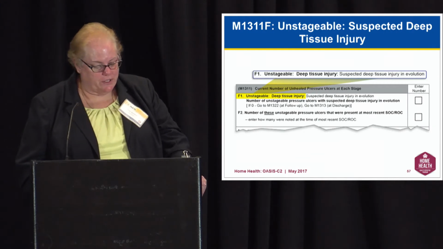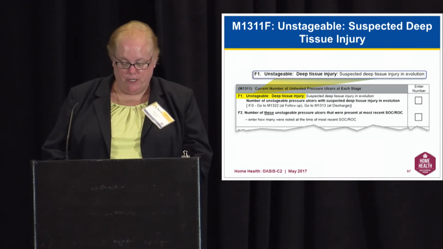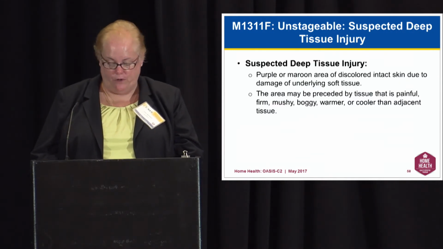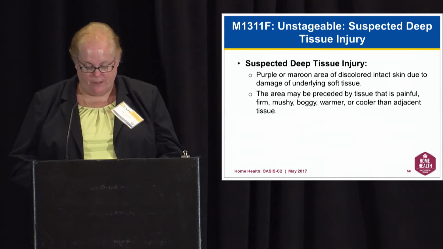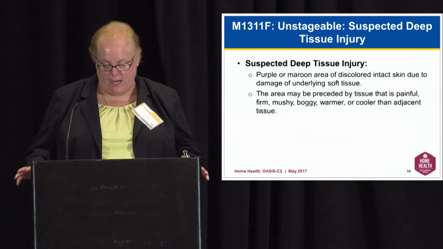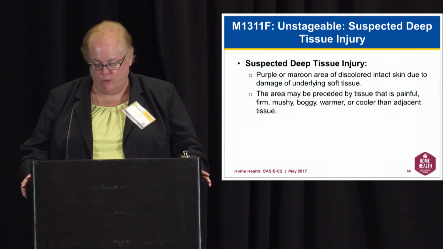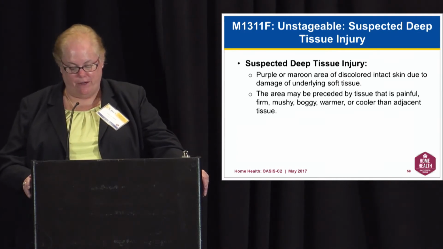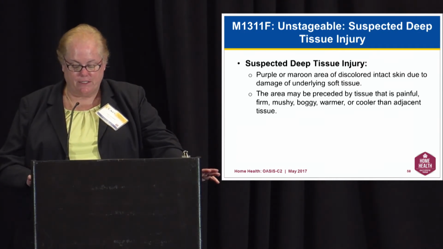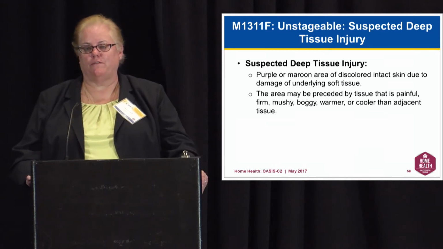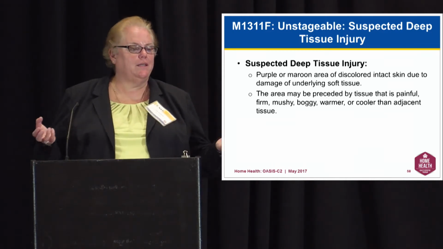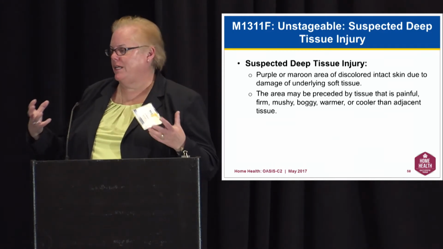And then we have unstageable suspected deep tissue injury, and here what we're looking for, because they can be difficult to detect, is purple or maroon areas of discolored intact skin due to damage of underlying soft tissue. And again, one of the easiest ones, the one that we see most often, is on the heels.